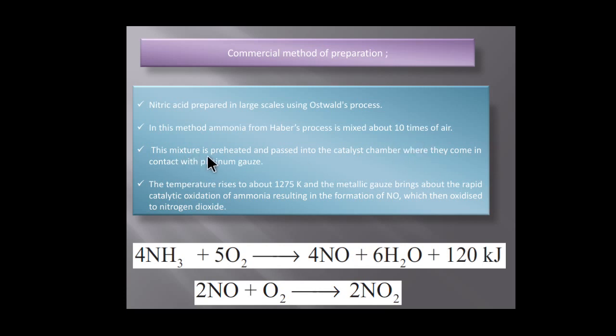This mixture is preheated and passed to the catalytic chamber. Is it clear? It is a condition. The catalytic chamber is where they come in contact with platinum gauze. In this condition, the temperature rises to about 1275 Kelvin, and the metallic gauze brings about a rapid catalytic oxidation.